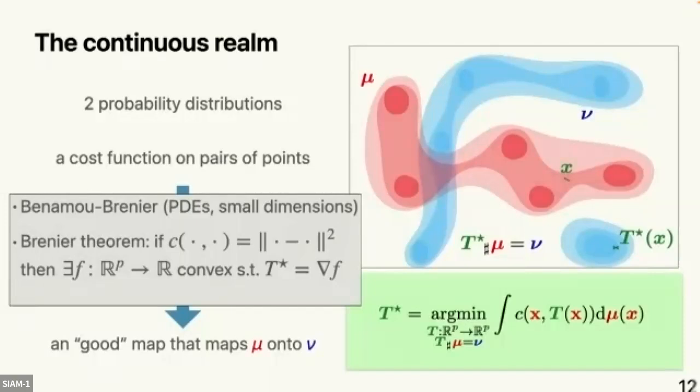This was Brenier's theorem, and it was used by Brenier and a colleague, Benamou, to come up with a numerical scheme, since we're talking about computations, that works but only in very low dimensions. So for many years this route was a bit neglected in computational machine learning and data science, because it worked for low dimensions.